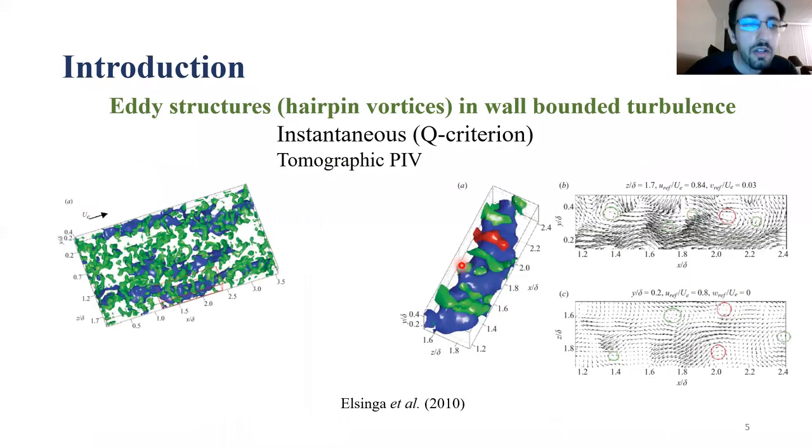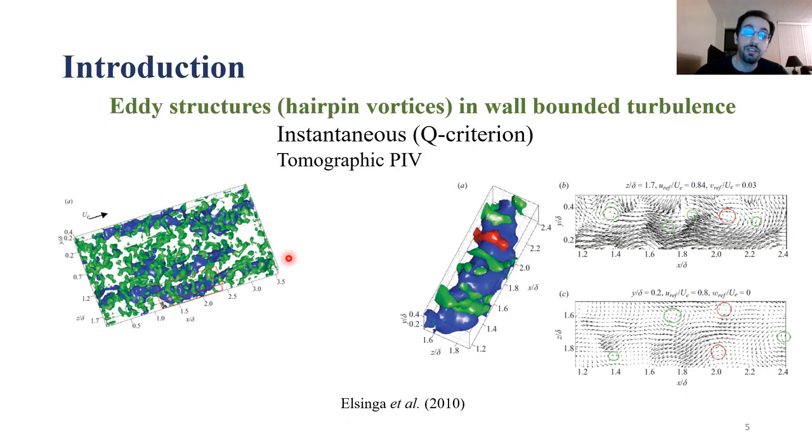So I'll start with the eddy structures in a wall-bounded flow. Here we see a flow field from a tomographic PIV from the study of Elsinga et al. And here is an instantaneous flow field where the eddy structures are shown by the green isosurfaces.